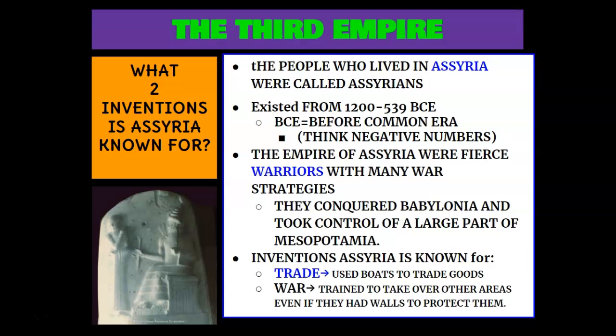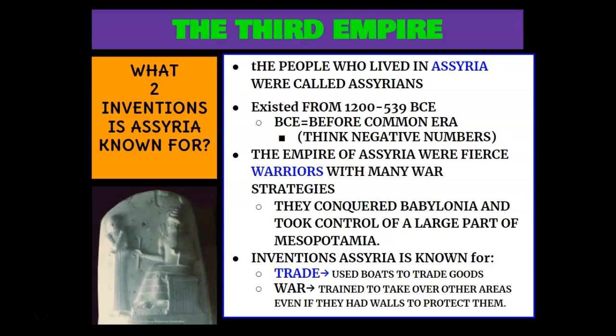And so they conquer Babylonia and they take control of a large part of Mesopotamia. So this means that they are very much stronger and probably more in sync with each other than the other two empires. Some of the inventions that Assyria is known for were trade. So they used boats to trade goods, which was very different, which is also a benefit to being on a river.